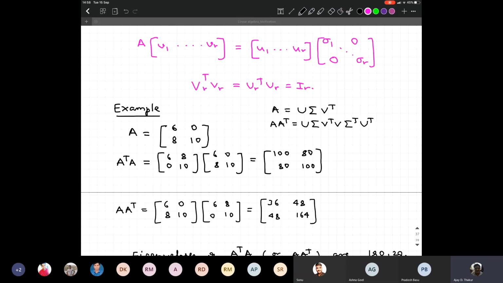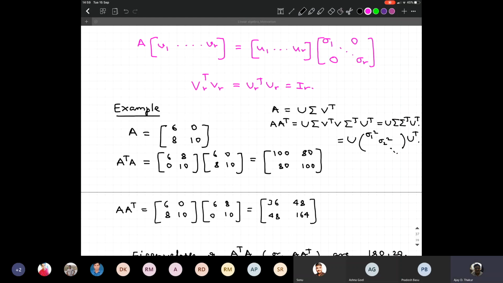So that is equivalent to U sigma sigma transpose U transpose, because V transpose V is going to be the identity, and because sigma is a diagonal matrix, the sigma sigma transpose is going to have the eigenvalues squared along the diagonal. So this would typically be written as U, then this diagonal matrix, and then U transpose.